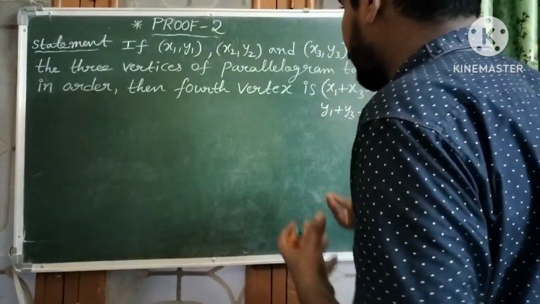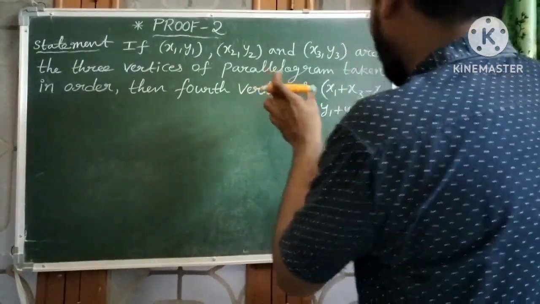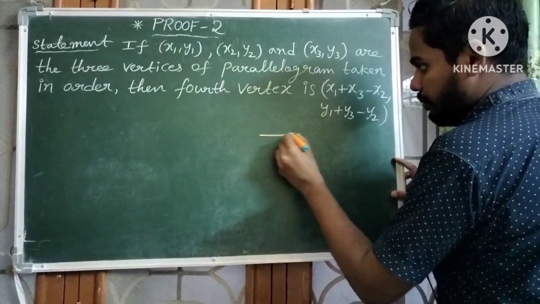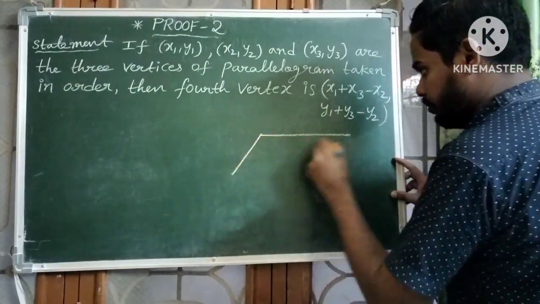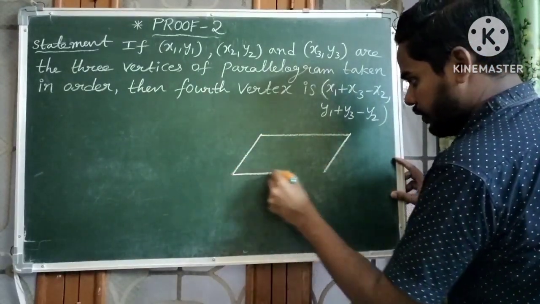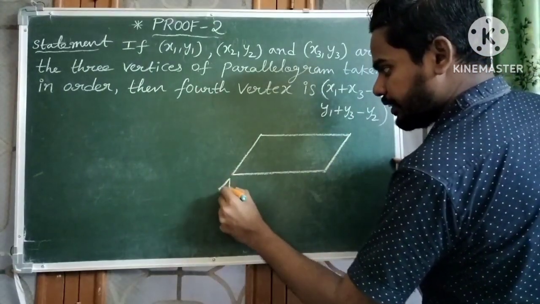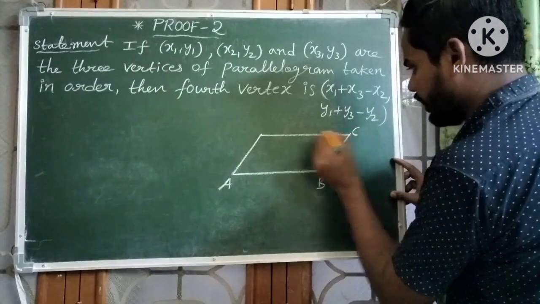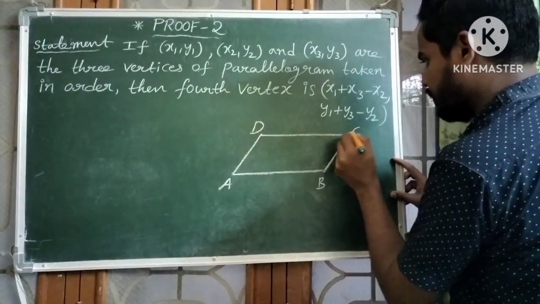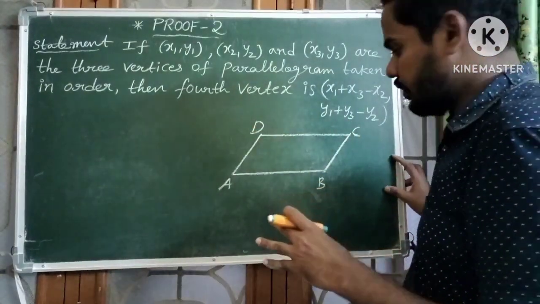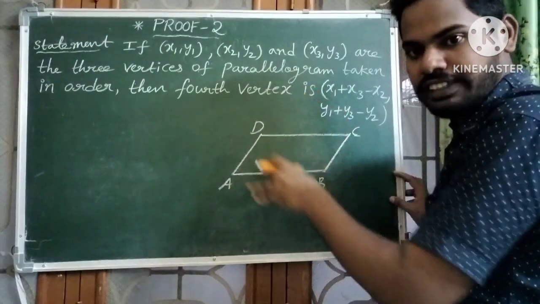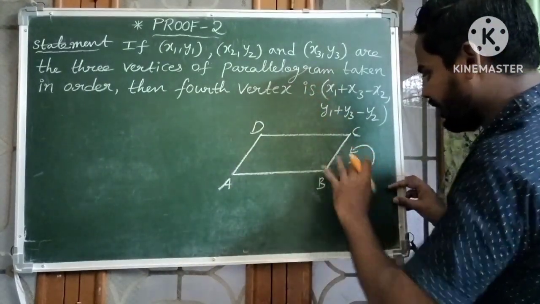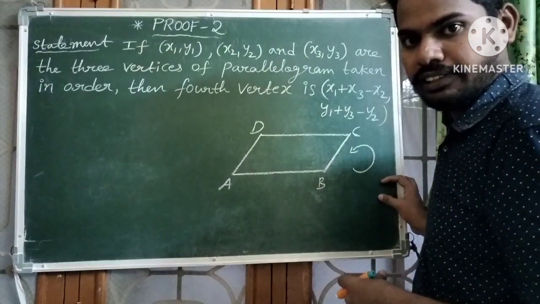First of all, let us draw this parallelogram. So here the vertices are taken in order. Suppose this is vertex A, vertex B, vertex C, vertex D. Here I considered the anti-clockwise direction for the vertices notation.